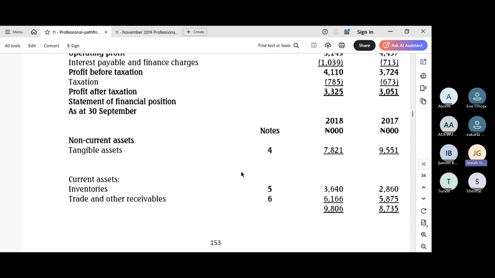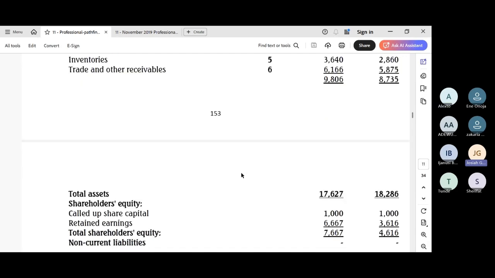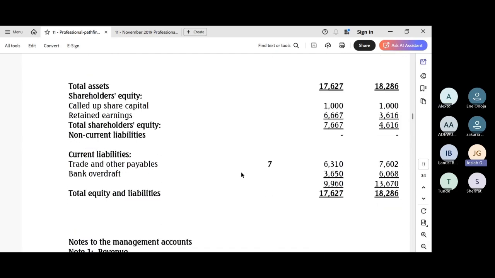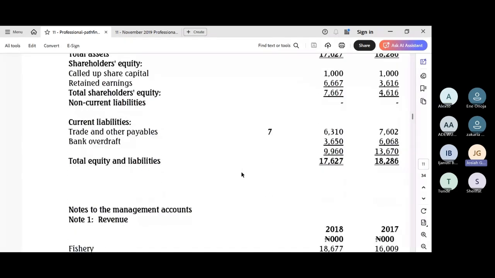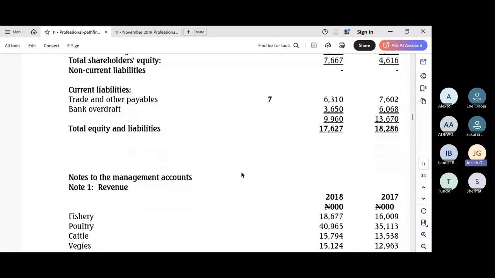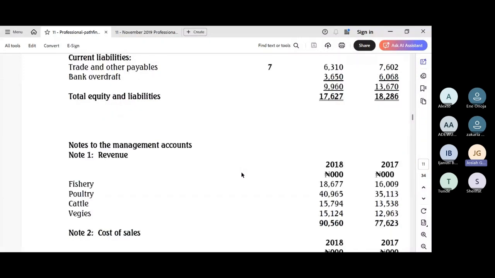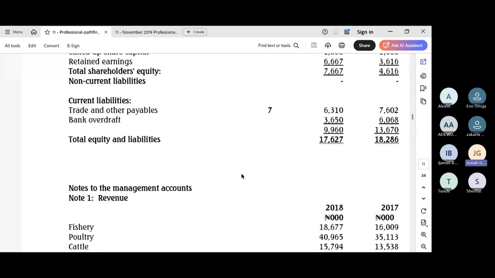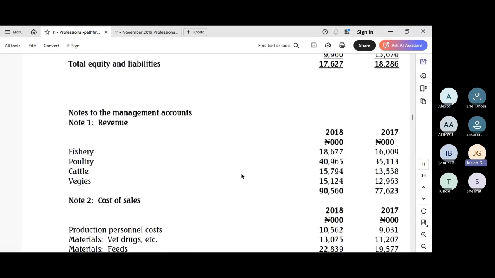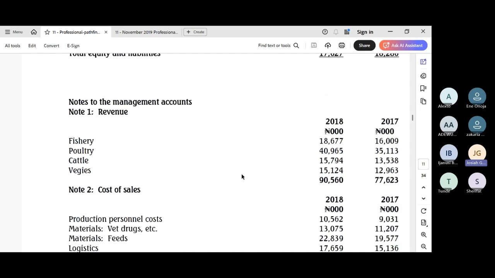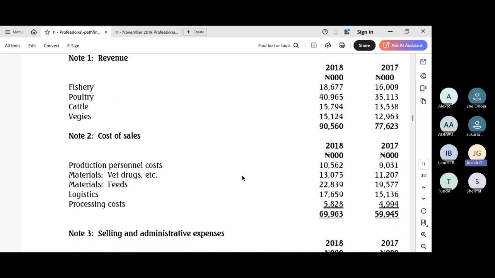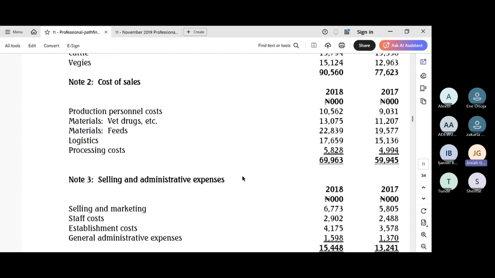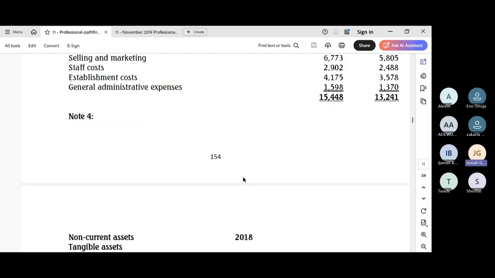Then we have the SFP with our non-current assets, our total assets, our shareholders' equity, non-current liabilities, and we have current liabilities and our total equity and liabilities, both figures balancing: total assets equals total equity and liabilities. So we have notes to the accounts, speaking to the management accounts and details of the revenue streams, the cost centers, selling and distribution details.